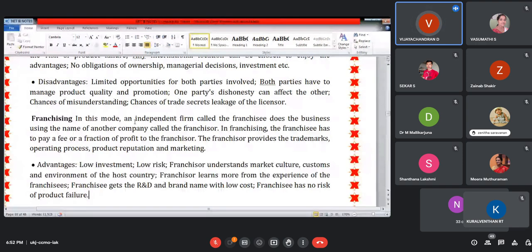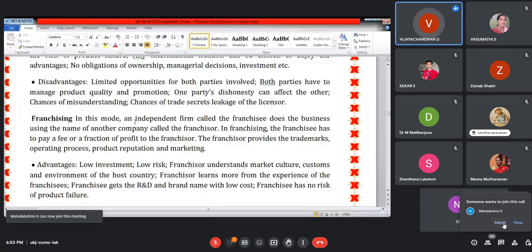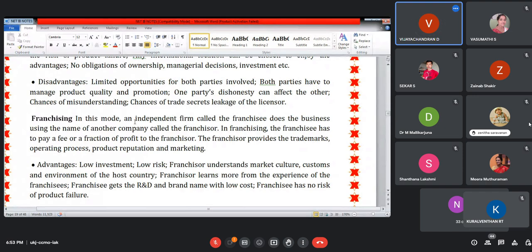So they will use the name of the hotel, but the product, the way of production, will not depend on the franchisor. The franchisee only uses the name of the product, the name of the company. That is another way of entering into the foreign market, franchising. For that, they will pay the fees for the usage of the name.